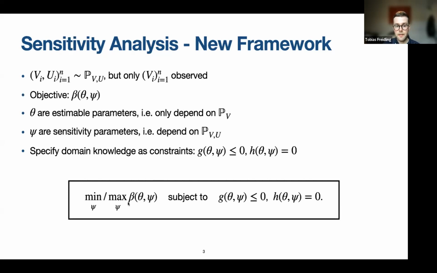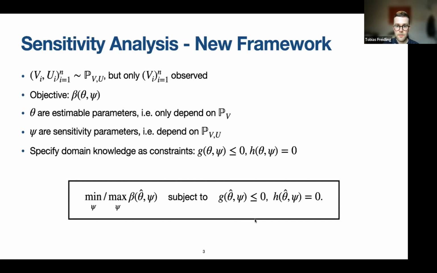Now, to be clear, beta, g, and h are functions that are fixed. Psi is the optimization parameter, and theta in the population is known, because in the population we have the whole distribution. If we only have a data sample, we may plug in an estimate for theta.